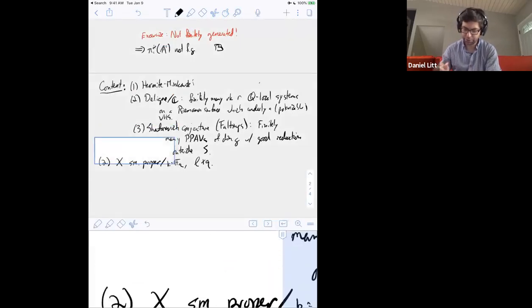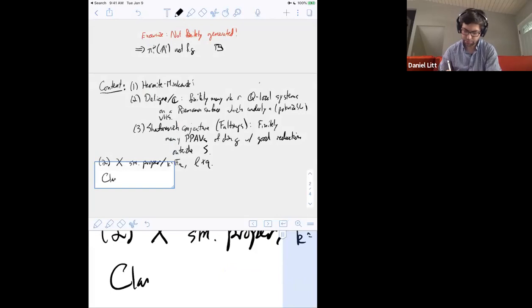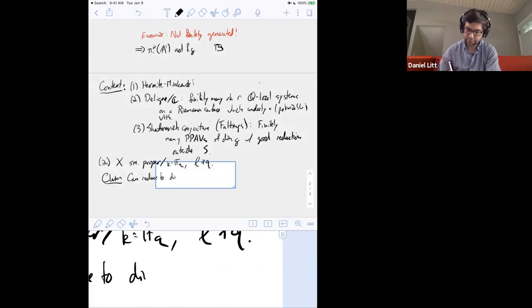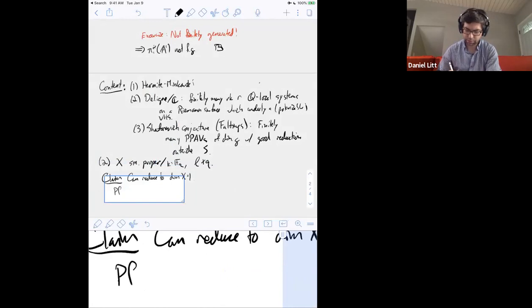All right, so my first claim is that we can immediately reduce to the case that the dimension of X is 1. So we're working with a smooth proper curve. Why is that?